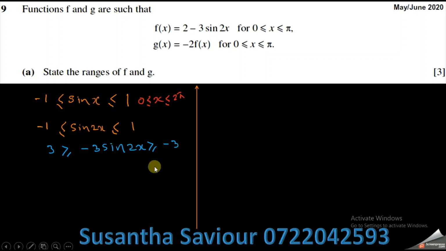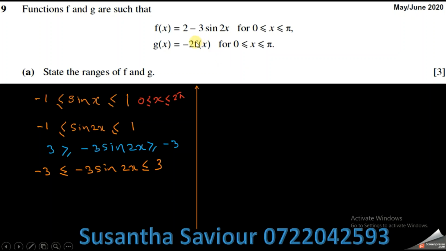Now we can rearrange this and write it in this way: minus 3 less than minus 3 sin 2x less than 3. This is just a rewriting of the same step.